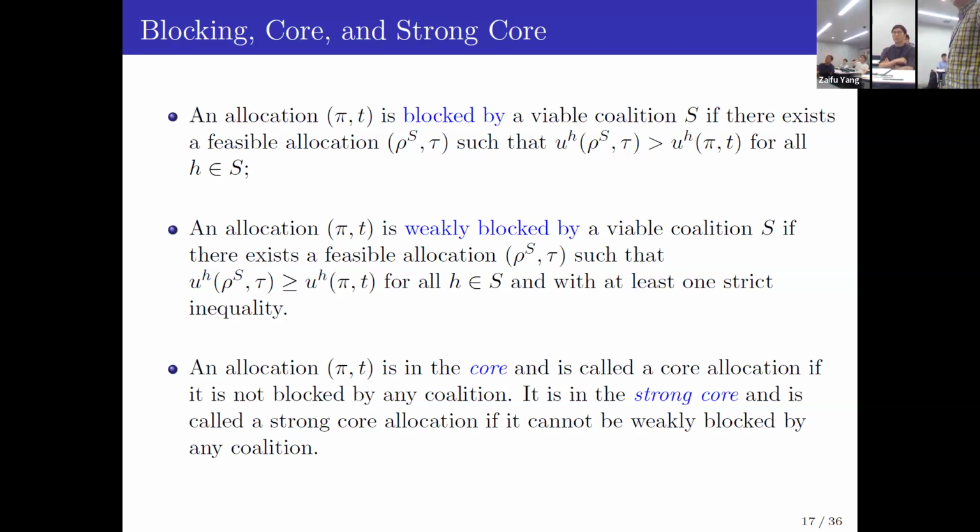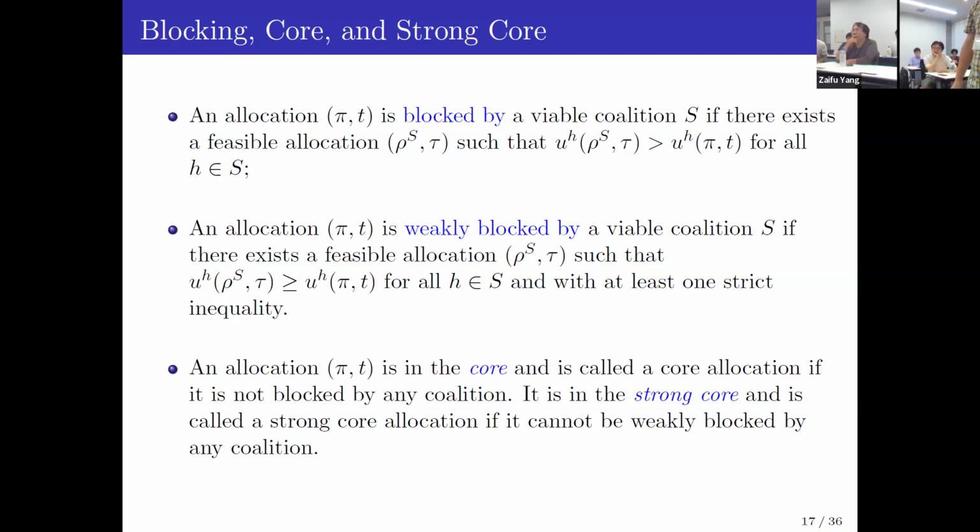So in a strong core case, we can prove that such an allocation, if we have a result that when the agents are not budget constrained, then it will find a strong core, and that strong core will actually be the variation equilibrium with the minimum variation price vector.